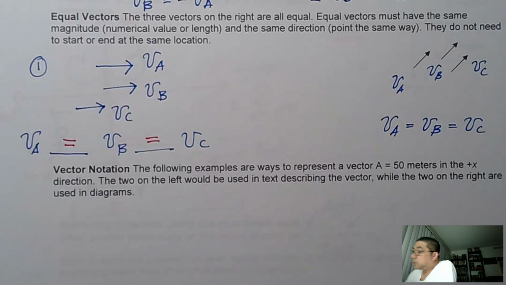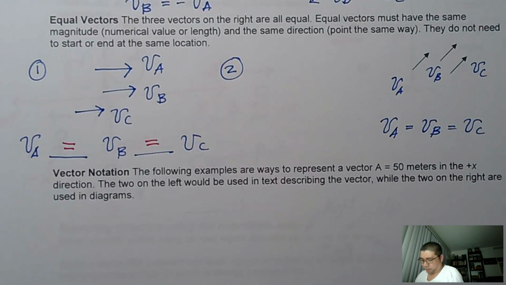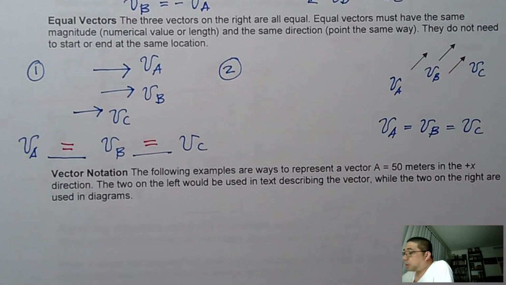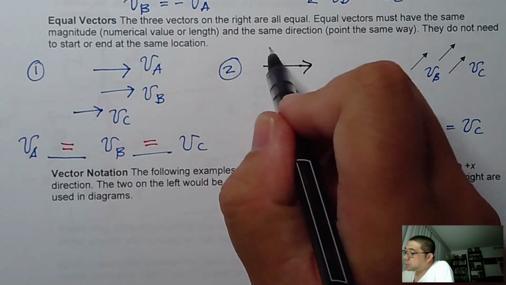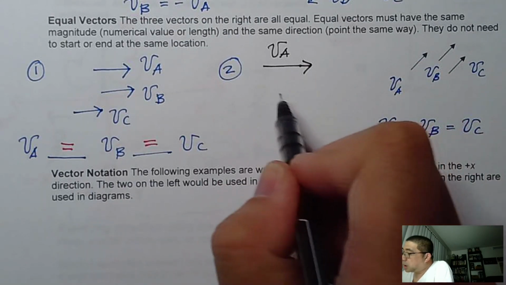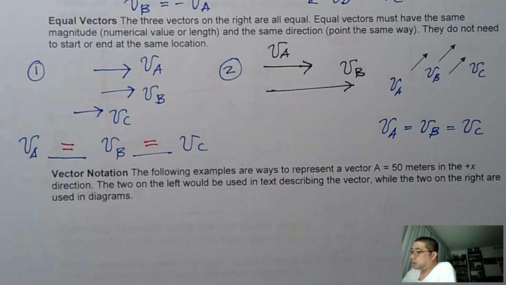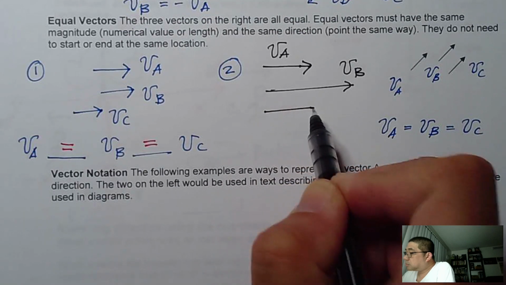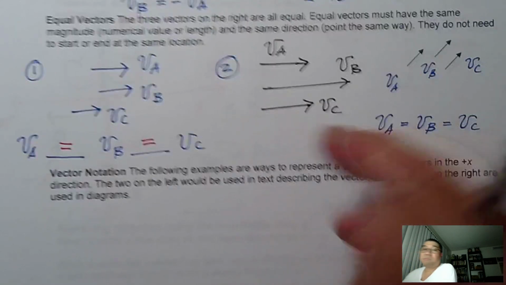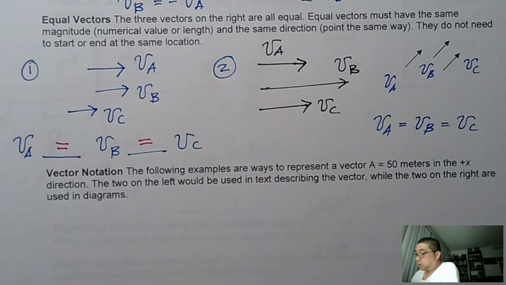Second example, example number 2. Let's say I have VA, and then I have V of B, and then we have V of C. You want to make a statement comparing those three vectors.